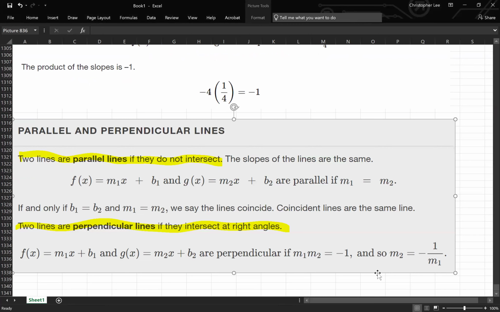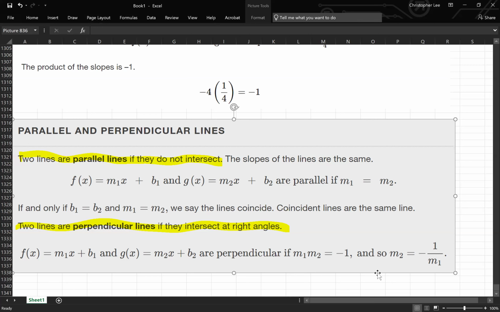All right. So parallel and perpendicular lines. Two lines are parallel if they do not intersect. The slopes of the lines are the same. f of x equals m1x plus b1 and g of x equals m2x plus b2 are parallel if m1 is equal to m2.